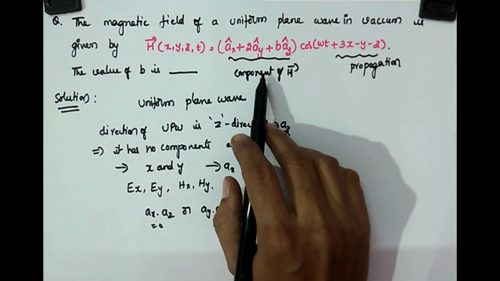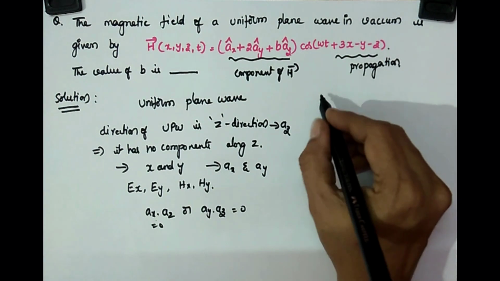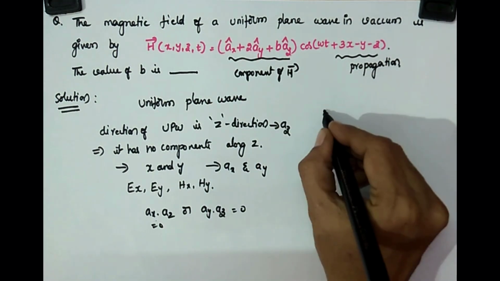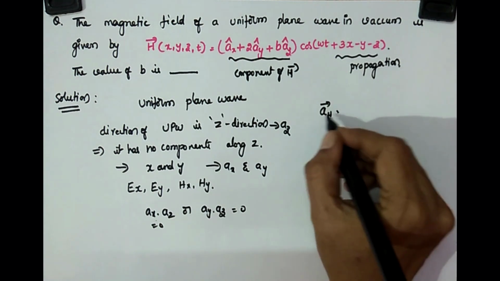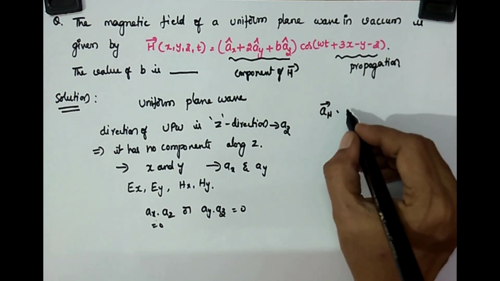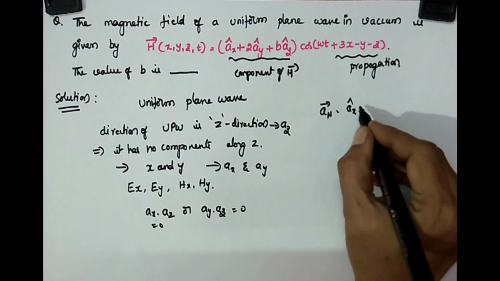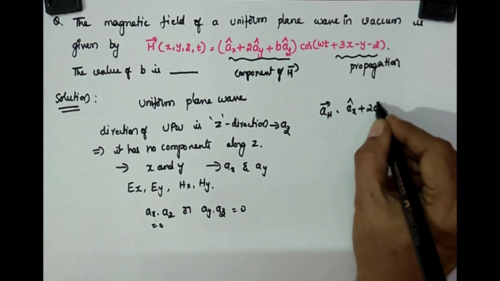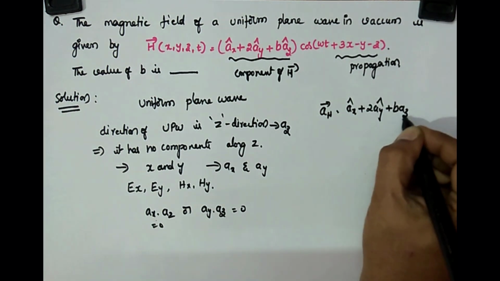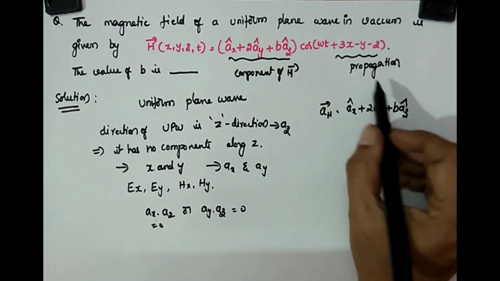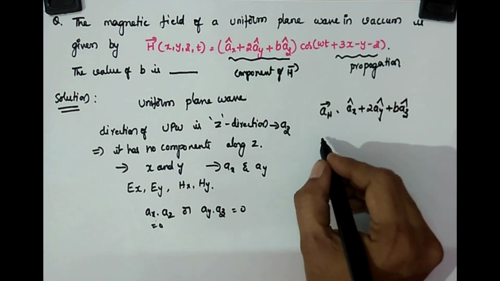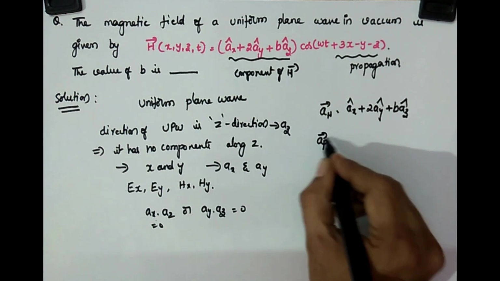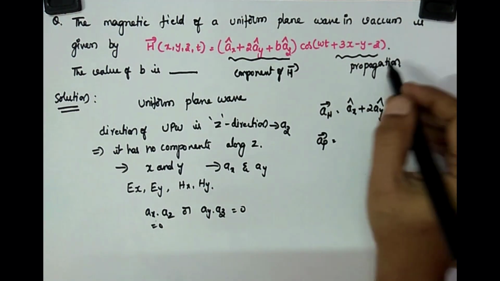What is this h bar component direction? Let this whole be aH bar, meaning the magnetic field vector component direction. That is ax bar plus 2 ay bar plus b az bar. Let the propagation direction be aP. So how to get this aP bar?